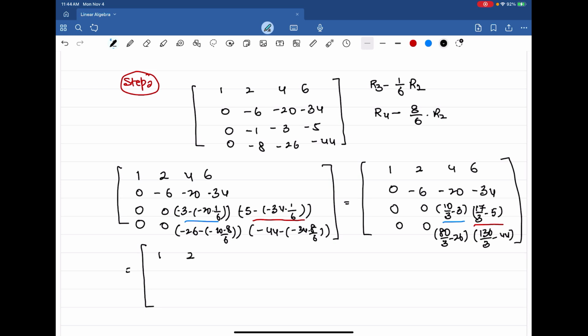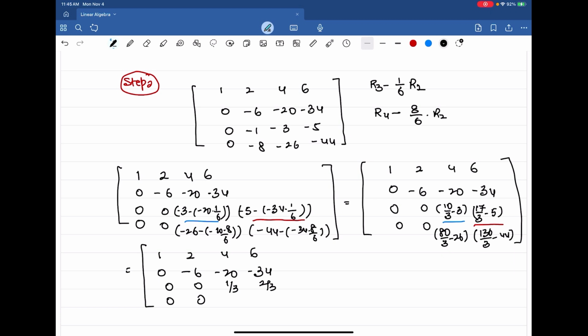Then this becomes 1, 2, 4, 6. In this only arithmetics is involved. We should be a little bit careful about the arithmetics. That's all. 0, minus 6, minus 20, minus 34. Then this is 0, this is 0. 10 by 3 minus 3 is equal to 1 by 3. 17 by 3 minus 5 is equal to 2 by 3. Then this is 0. This is 0.